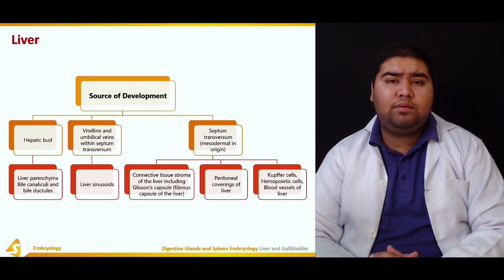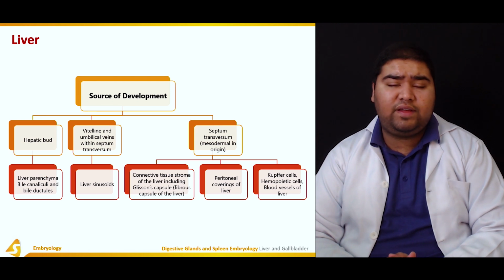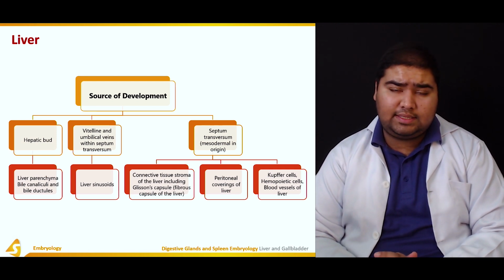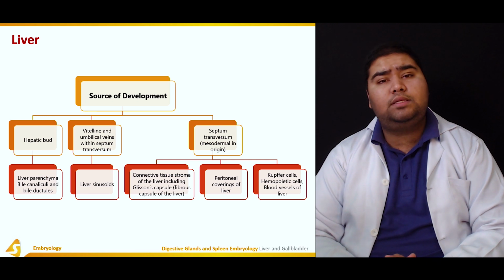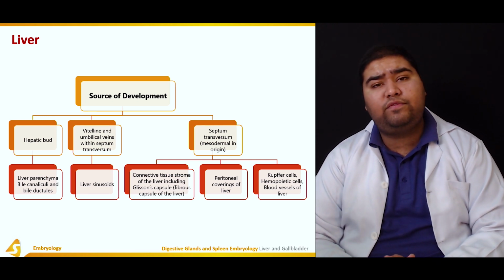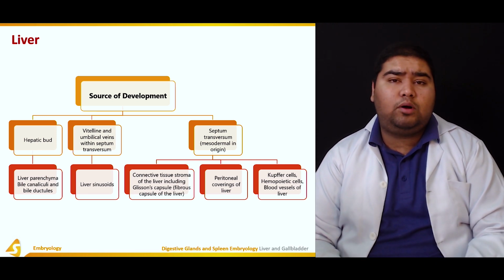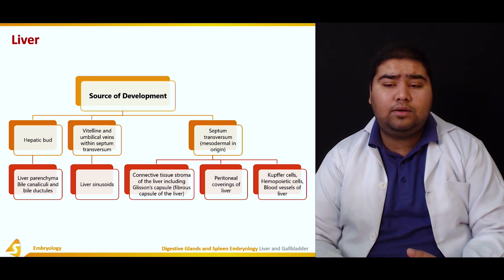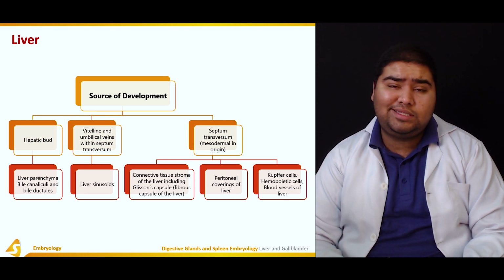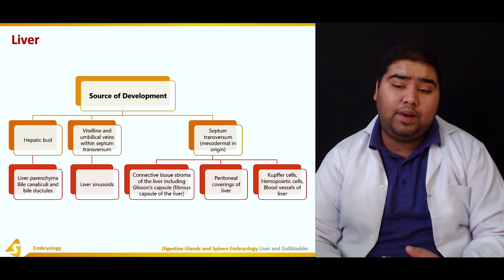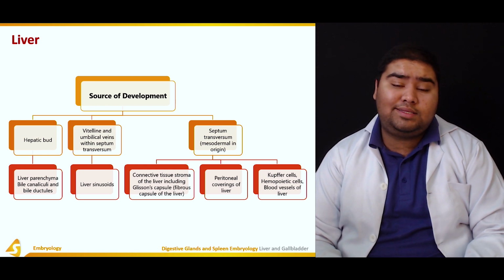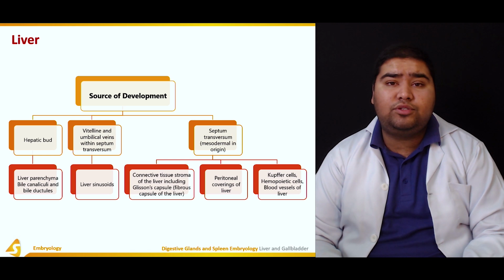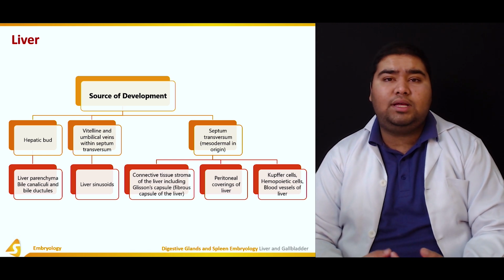Kupffer cells are immunological cells present within the liver. They're responsible for phagocytosis of any intruding or foreign material. The hemopoietic cells are the cells that result in the formation of blood, and the septum transversum also contributes to the blood vessels of the liver.